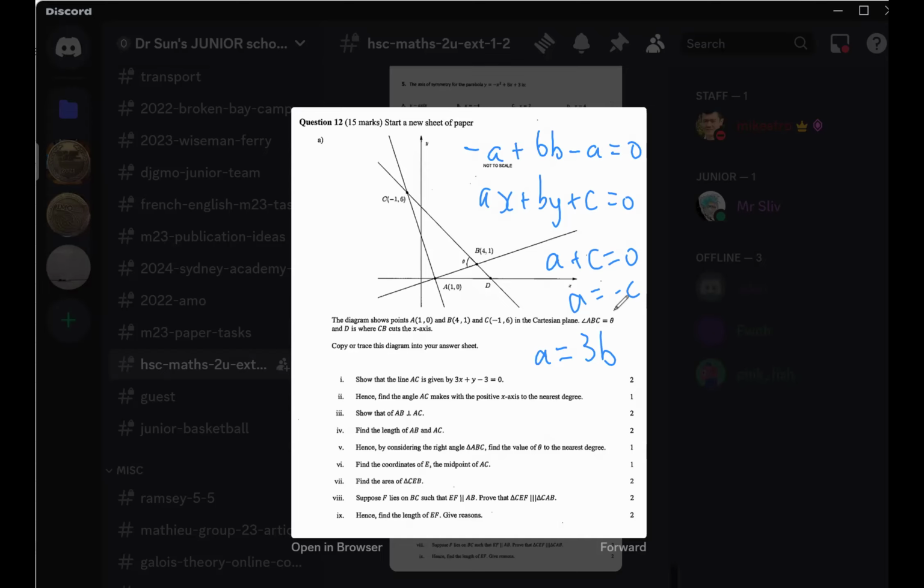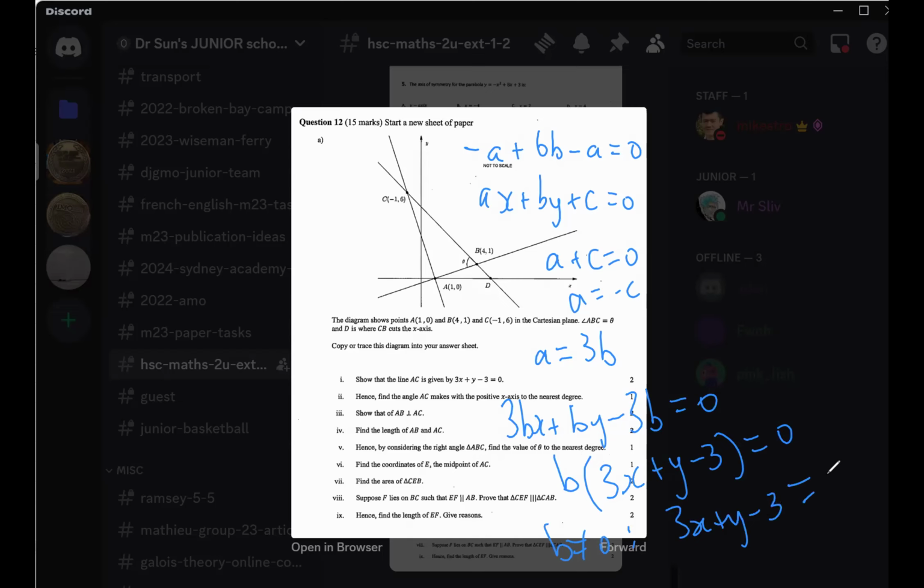Okay, so then your equation becomes, you can maybe leave the b, so it's 3bx plus by minus 3b equals 0. Okay, but then there's a common factor of b, and as long as b is not 0, then 3x plus y minus 3. I think I showed a different method last time.